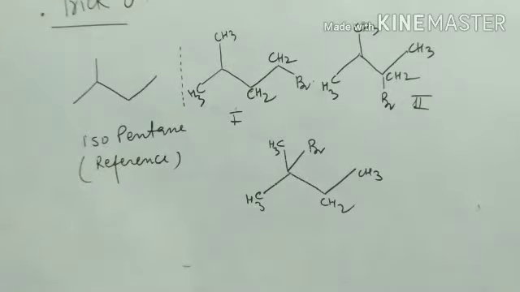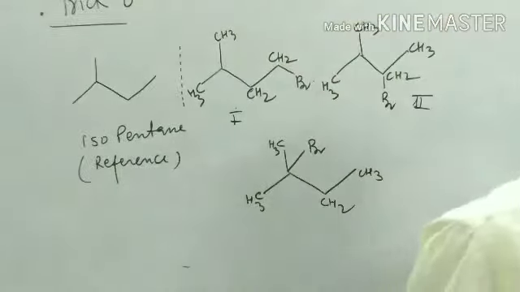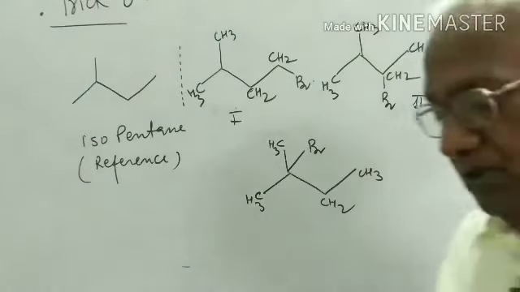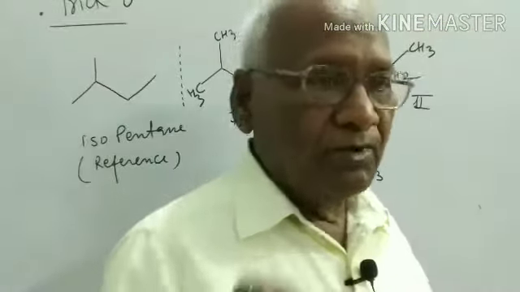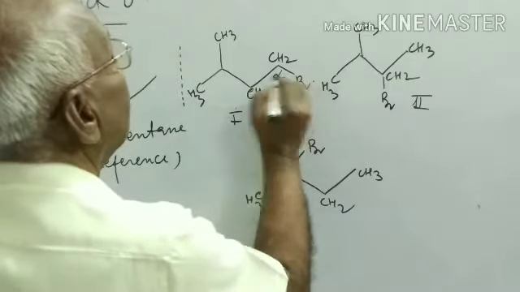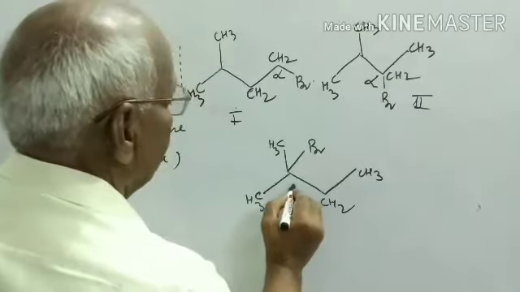Now search where is the alpha carbon. The alpha carbon is that carbon to which the halogen atom is bonded. So in this case, this is alpha. In this case, this is alpha. In this case, it is alpha.